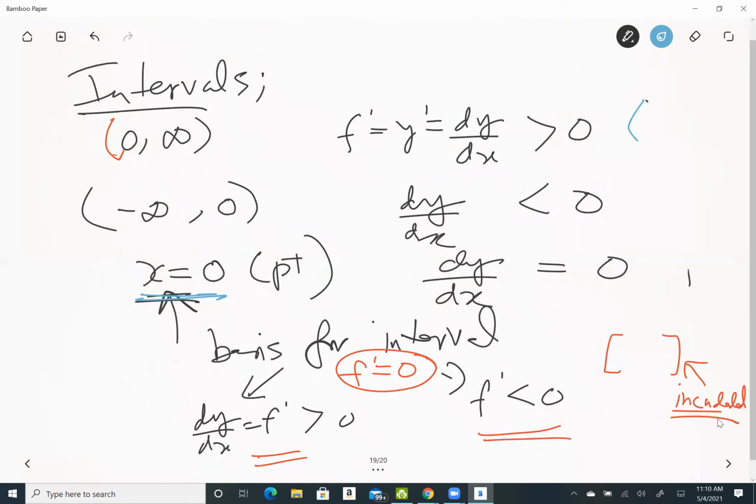For y prime bigger than 0, it is from negative infinity to 0, and for y prime negative, it is from 0 to infinity. Now, f prime will not always be 0 at x equal to 0. It can be anywhere.